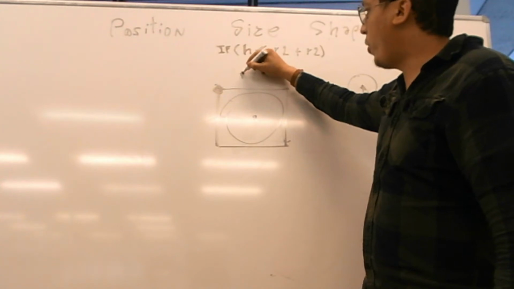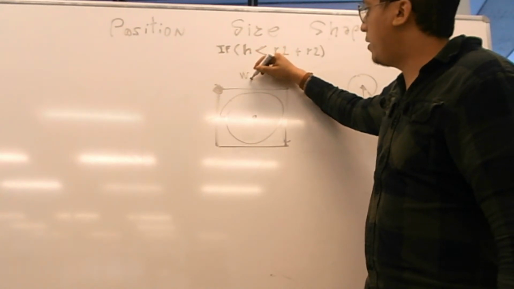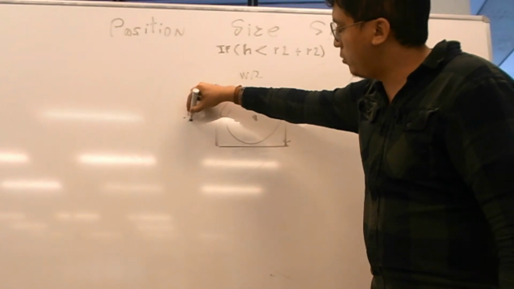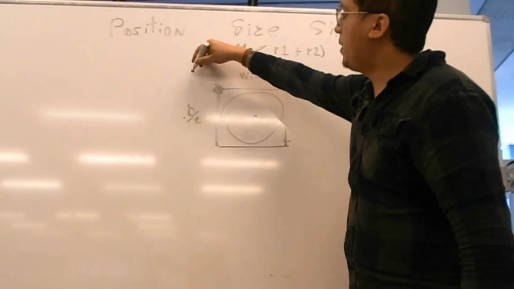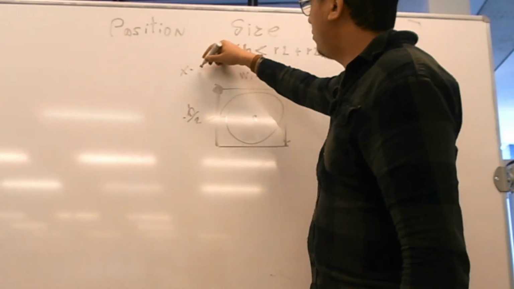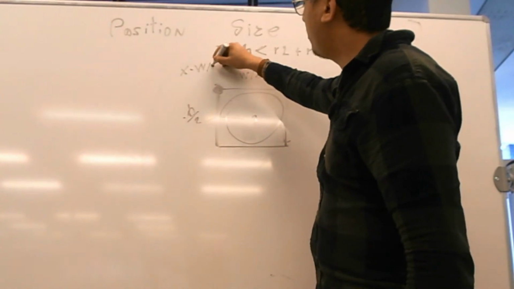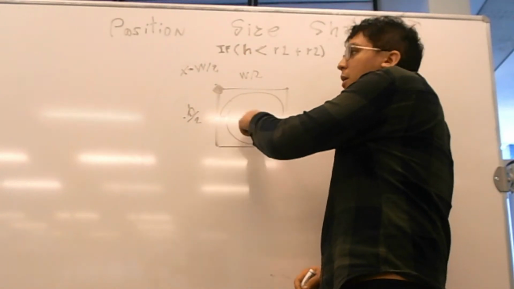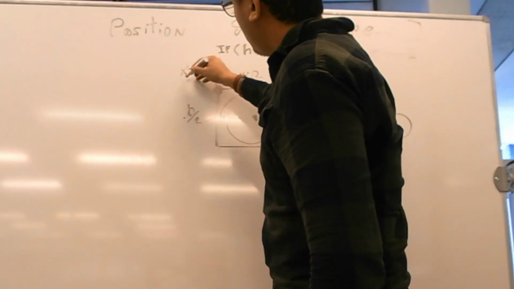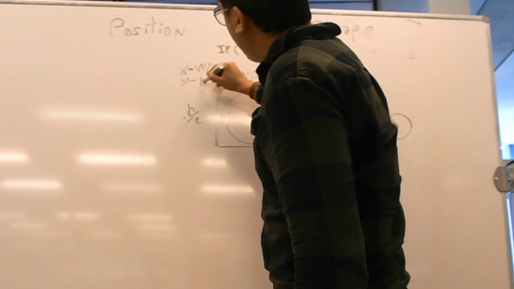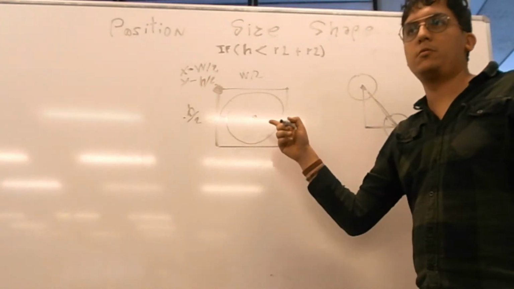So this would be the width divided by 2, the height divided by 2, right? And then we get x minus w divided by 2, right? That gives us this point in the middle, and then y minus h divided by 2, that gives you that point.